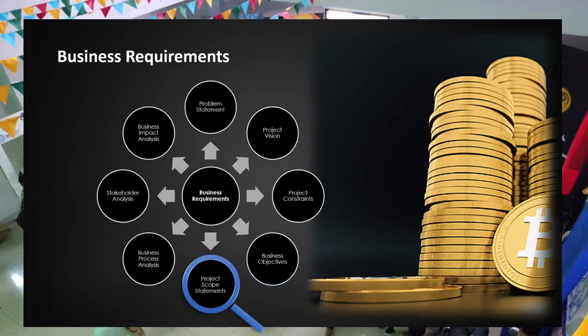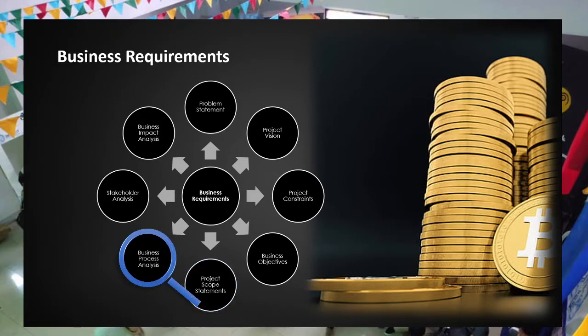Another part of business requirements is the project scope statement or features. The project scope statement provides the documented basis for making all development decisions and is used to direct the development effort and communicate the project scope to the development team and other stakeholders.